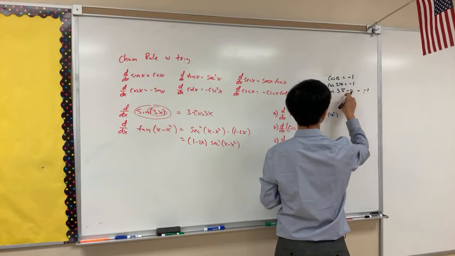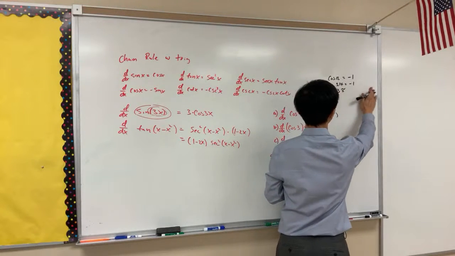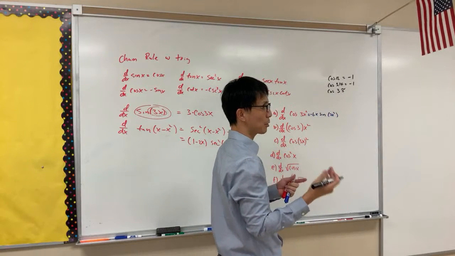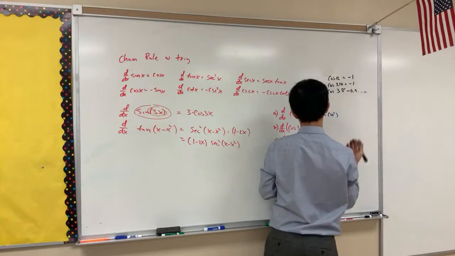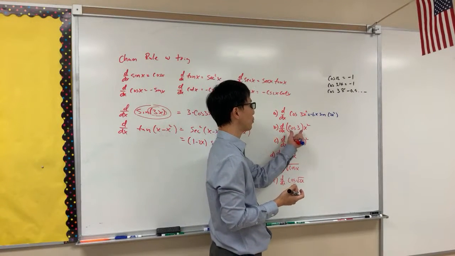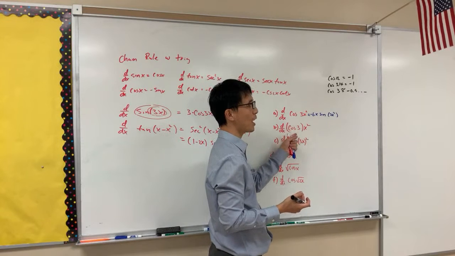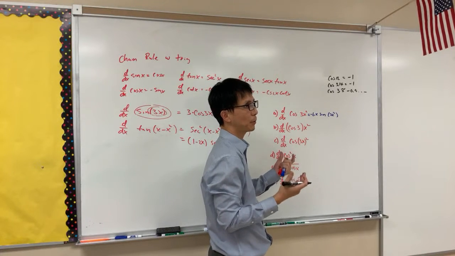So it's gonna be from this value to this value, but anyway, it's probably somewhere close to negative 0.9. We don't care about that value. What is that value? It's a constant. So in this case, this is a constant multiple rule.